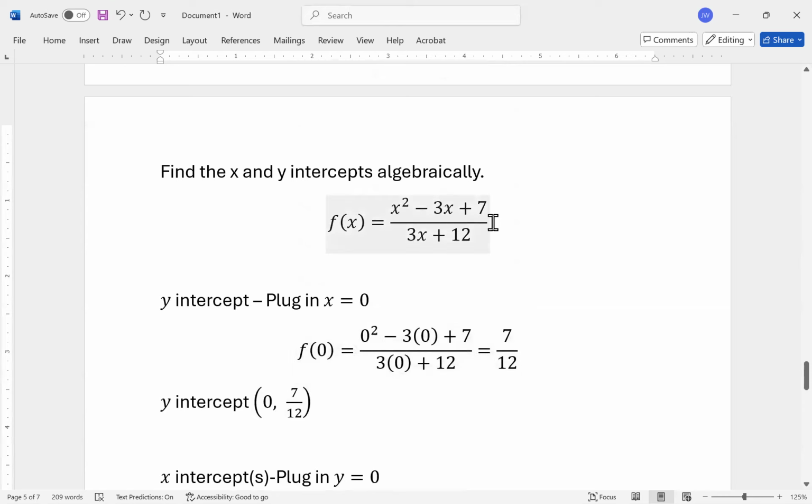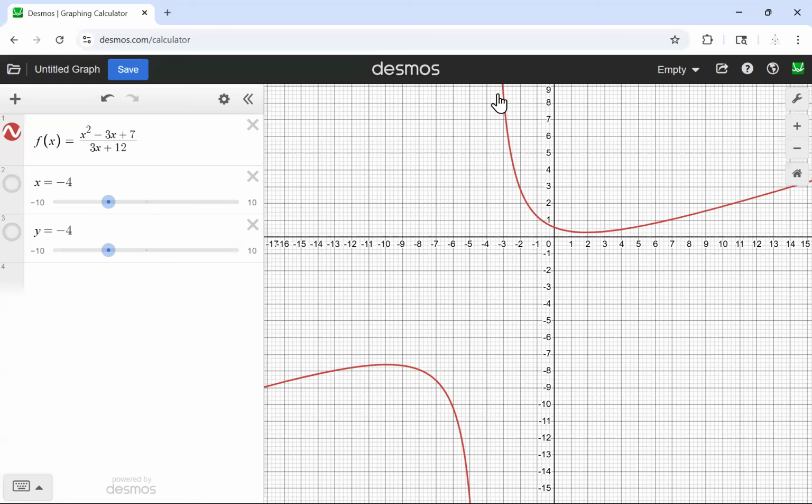Let's go back to the graph of this and just confirm that. Here is the graph. Remember, this was the graph that had no horizontal asymptotes. Notice that as this part of the rational graph comes down, it never crosses the x-axis, but then it goes back up.